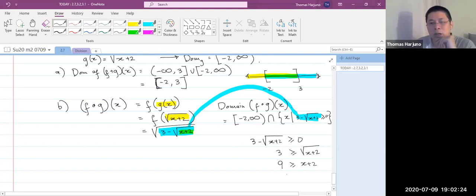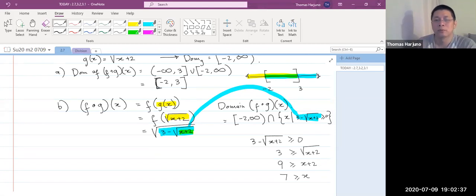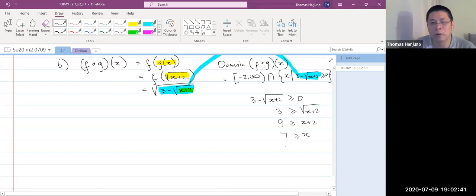Okay, so x is less than or equal to 7. So this means from negative infinity up to 7.